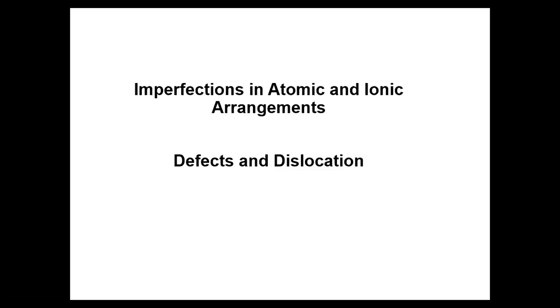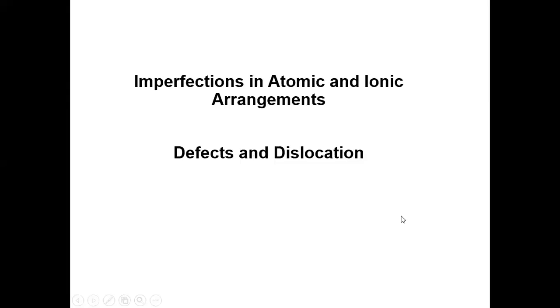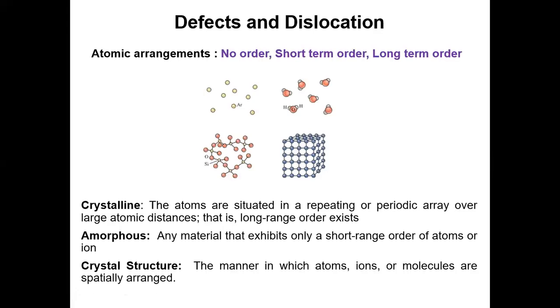So before learning about imperfections, we first need to identify the structure of atoms in a particular element, that is, how the atoms in a pure material can arrange.